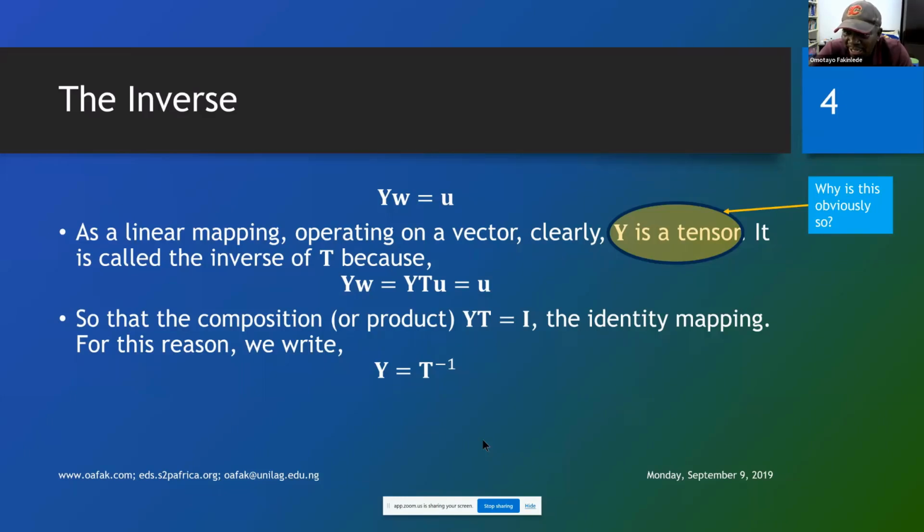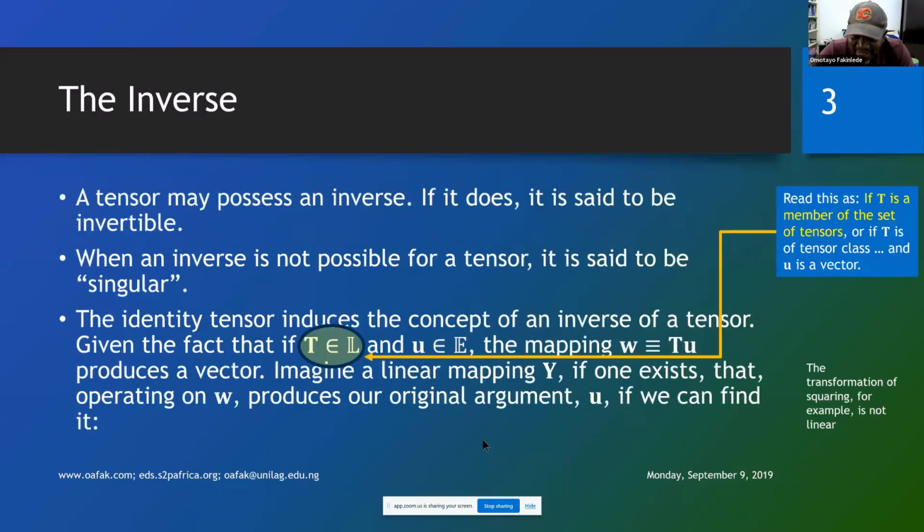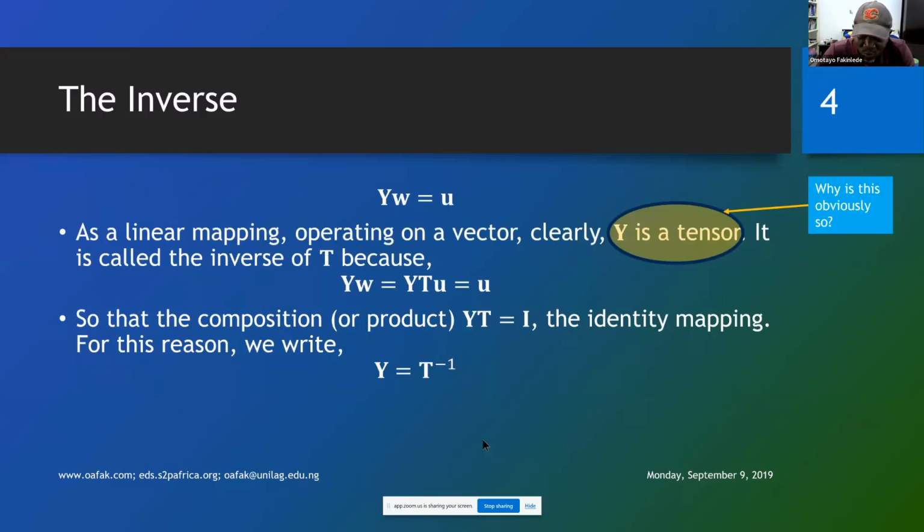And I want you to go to the chat room and tell me, why is it obvious that Y must be a tensor? Let me repeat how we got Y. We first of all started by saying W is equal to TU. If it is possible to find a Y, a linear transformation, which when we operate it on W, we get U back, I said clearly Y is a tensor.